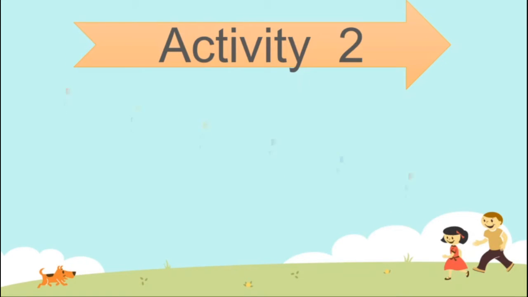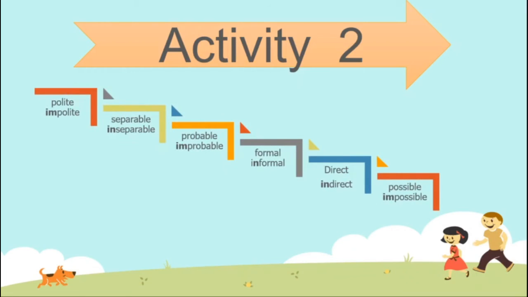Activity 2. You are going to find some examples in front of you, and you will find the stem, and you are going to guess which prefix is right, im or in, for the words possible, impossible, direct, indirect, formal, informal, probable, improbable, separable, inseparable, polite, impolite.